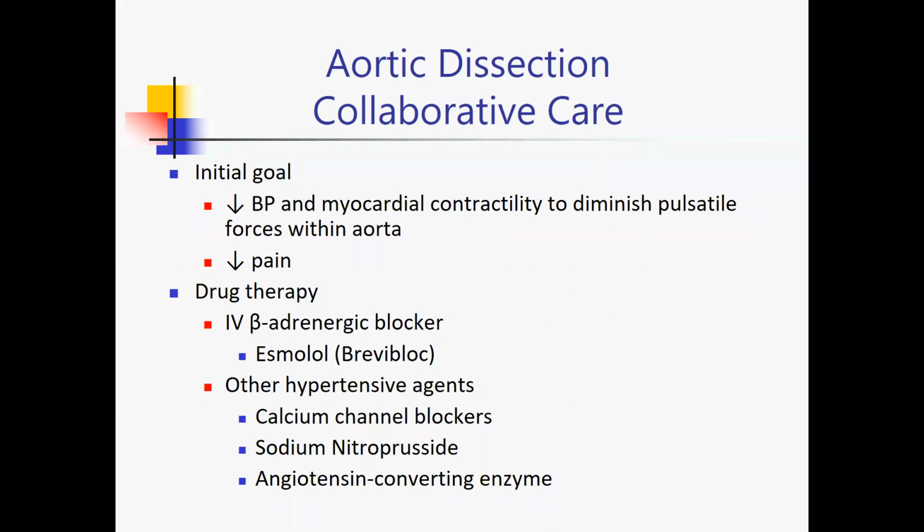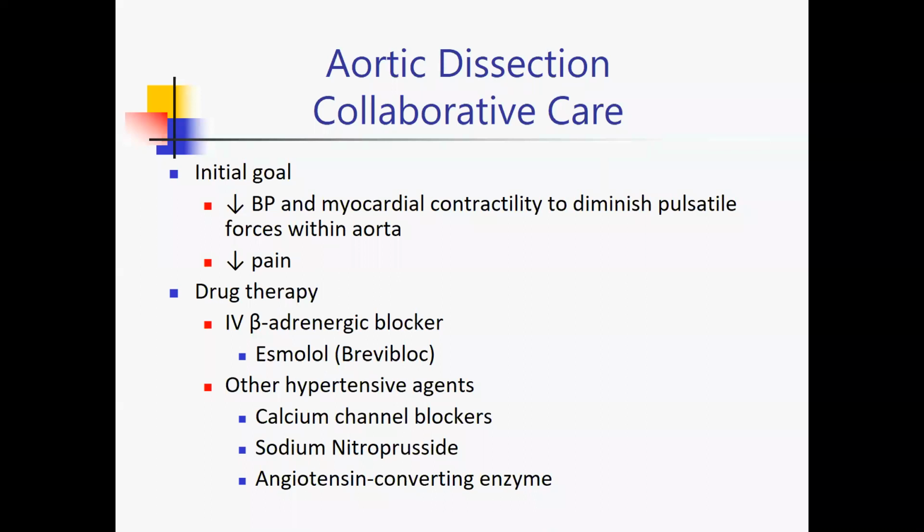The other thing with these folks is that you also have to decrease their pain. As you are decreasing their pain, you need to think blood pressure. How much can I give them? Am I going to decrease their blood pressure as I give them pain medicine?